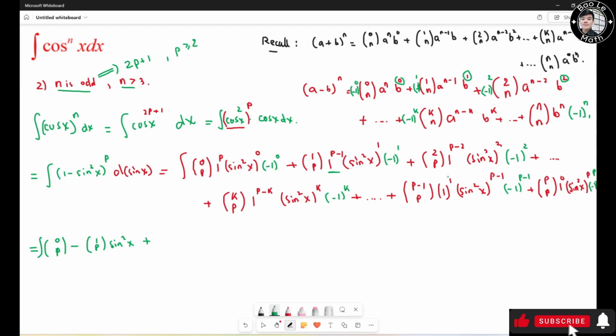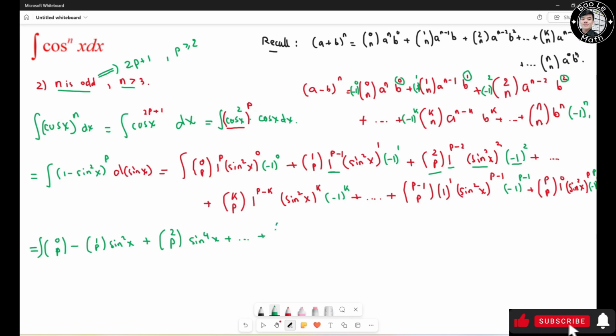Plus the next one, the combination of 2p. This equals 1. This equals 1. This equals sine to the 4 of s, right? Next one, plus etc., plus the general terms.